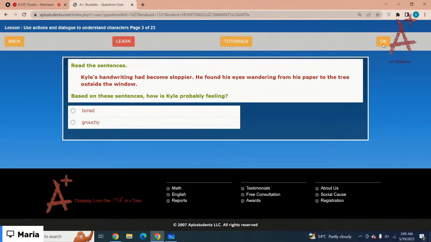She lost her interest in the paper and she is looking outside of the window. Grouchy means annoyed, irritated, but she is bored.